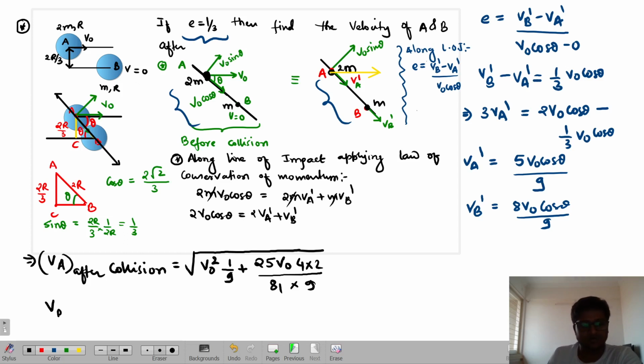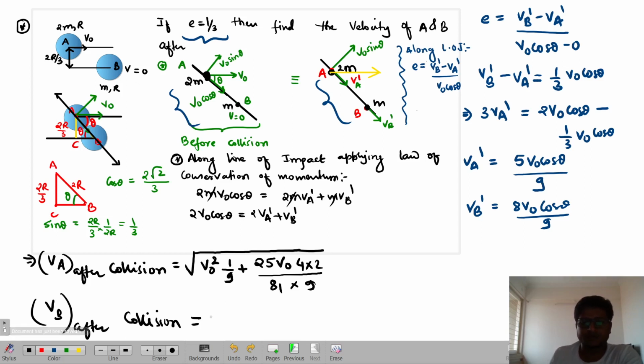But V of B after collision is very simple. This is why oblique collision is hard: it is mathematically tough, not in terms of physics. It's in terms of mathematics that it is tough.